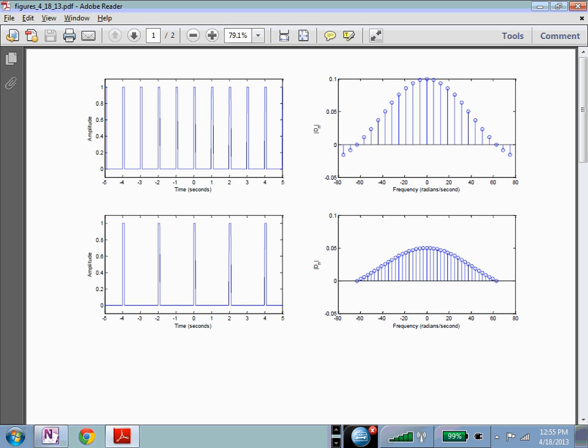But if we look at when they both cross 0 in magnitude for the first time, that's still at the same frequency. Even though we have many more lines, those lines are denser, we still have essentially the same frequency content, out to 62.8 radians per second, and that's 10 hertz.